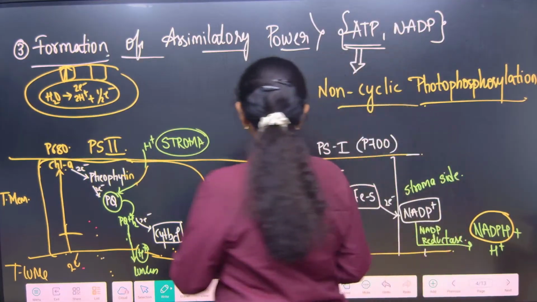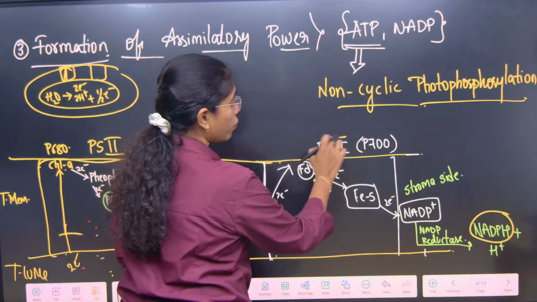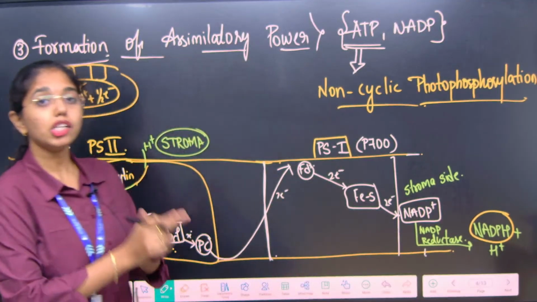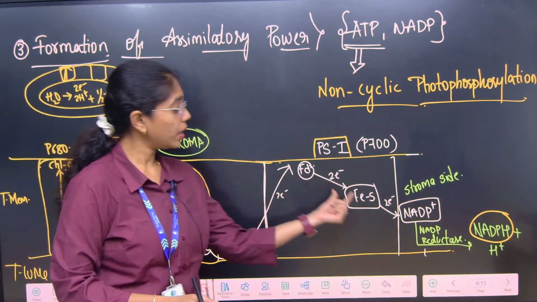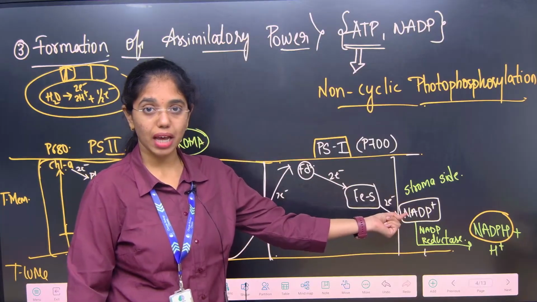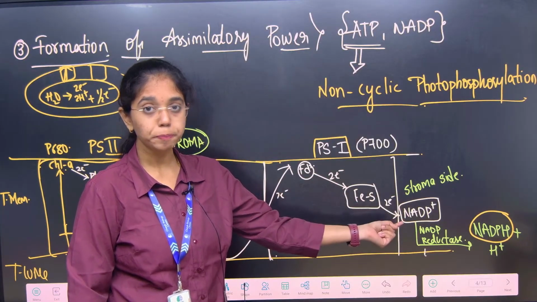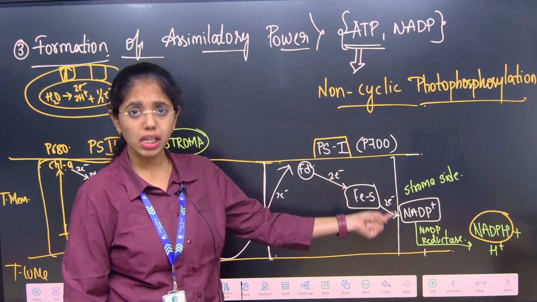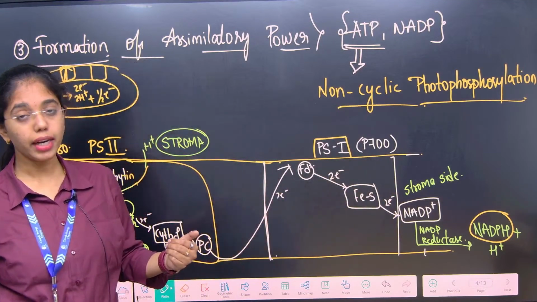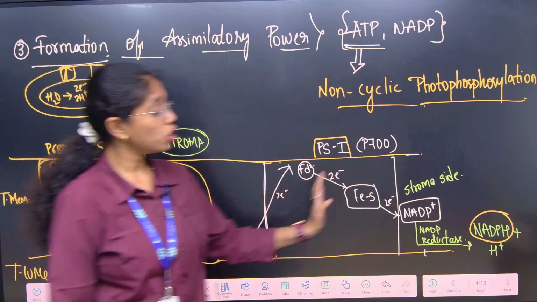From here two electrons are given to photosystem 1 where the primary electron acceptor is ferredoxin. From here to the ferrous sulfur complex, and the ultimate electron acceptor is NADP+, which is present on the stroma side of the thylakoid membrane.